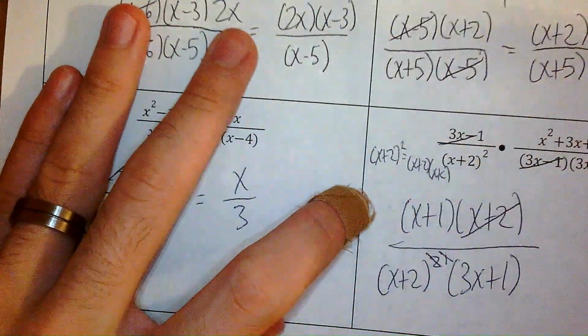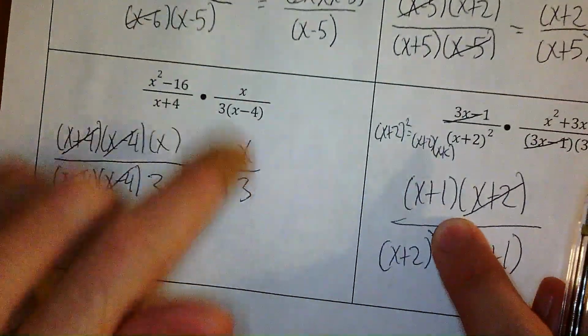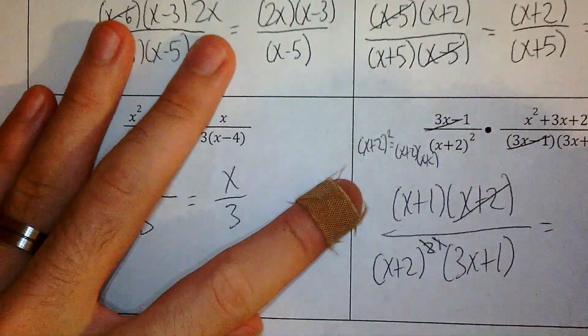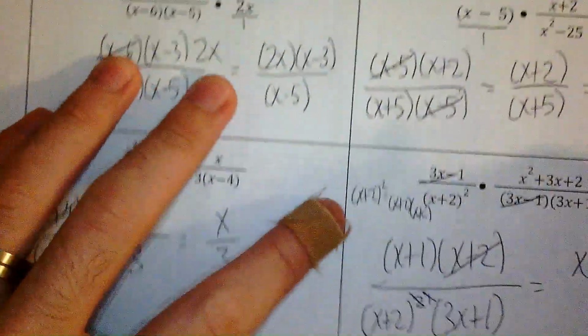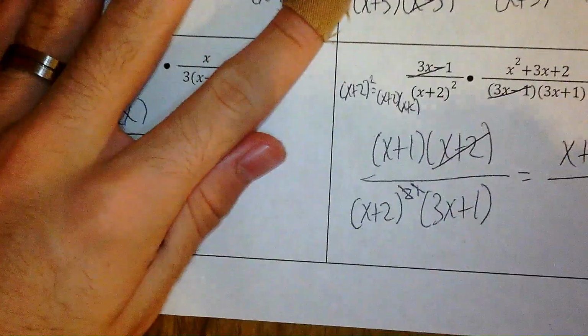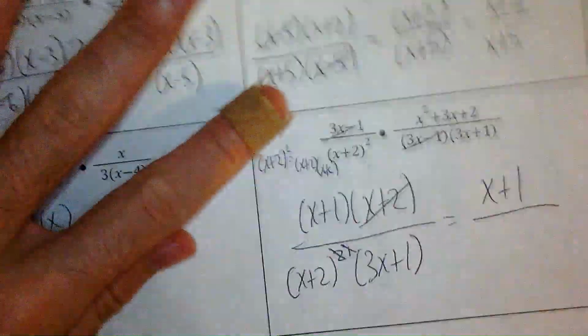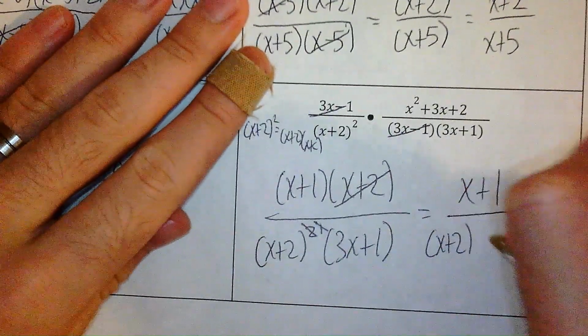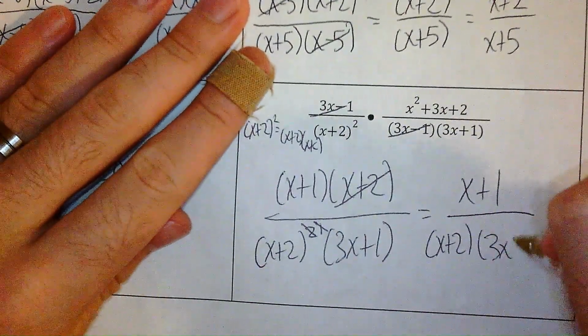We don't have to write it that way. So we're left behind with 1 x plus 2. Now I don't see anything else in common, so we're left with x plus 1 on the top, and then 1 copy of x plus 2 on the bottom, and 3x plus 1.